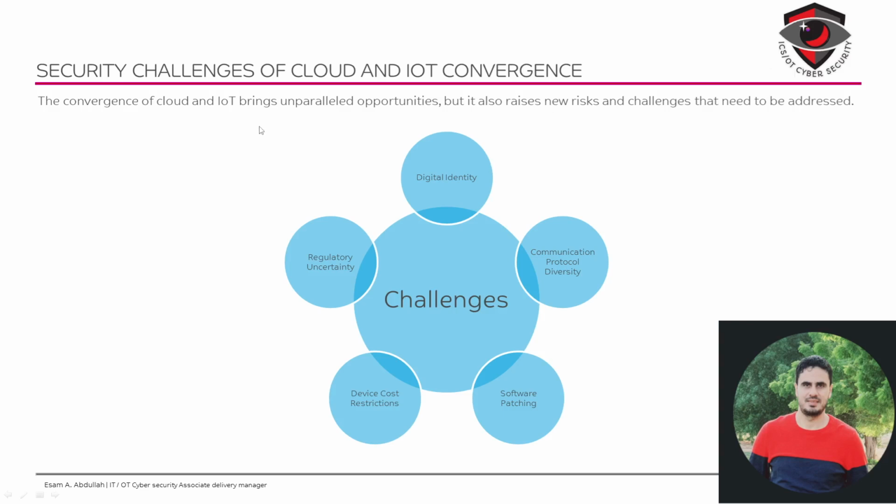The point on security, as a security architect for IoT, is that it is opening up new opportunities. However, it is associated with new risk as well. So the challenges during the design are related first to digital identity.